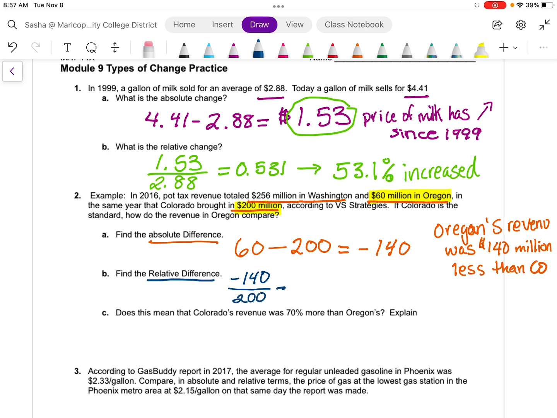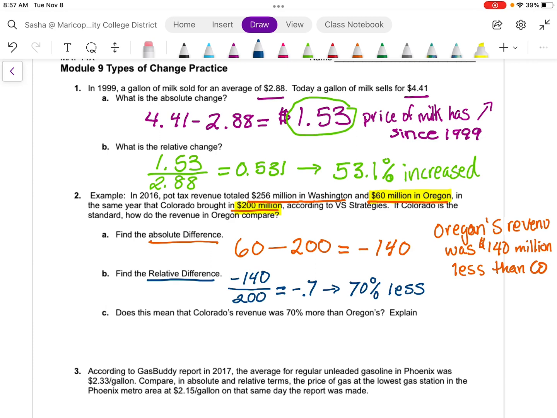And I would get negative 0.7, which is basically saying 70% less. So Oregon's revenue was 70% less than Colorado's.